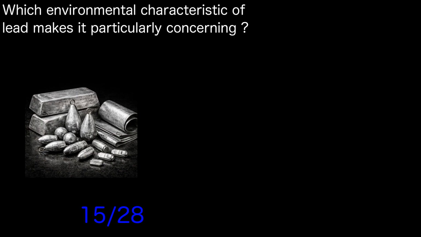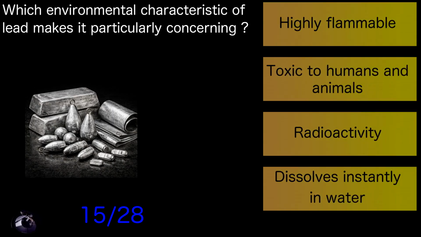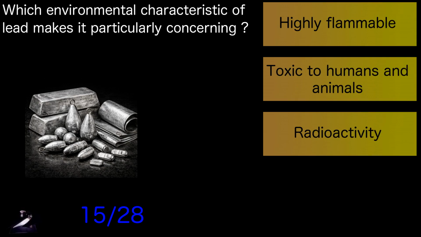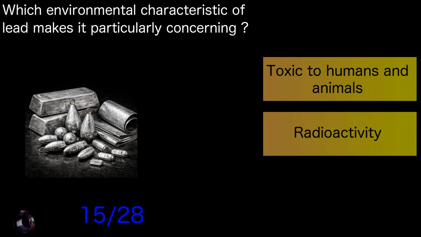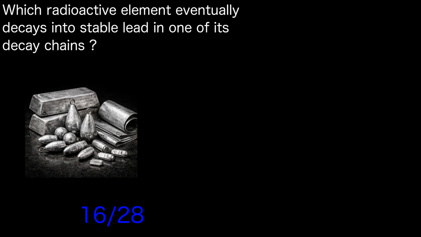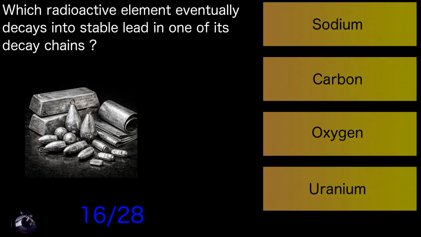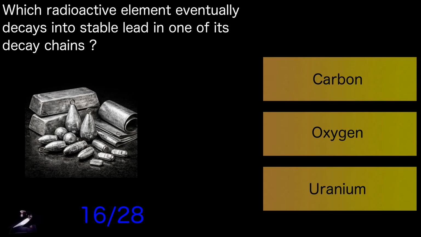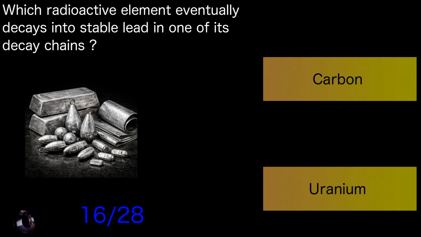Which environmental characteristic of lead makes it particularly concerning? Toxic to humans and animals. Which radioactive element eventually decays into stable lead in one of its decay chains? Uranium.